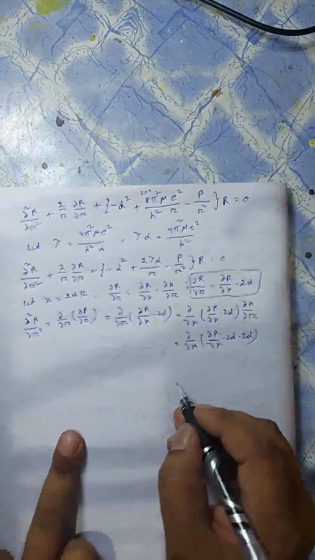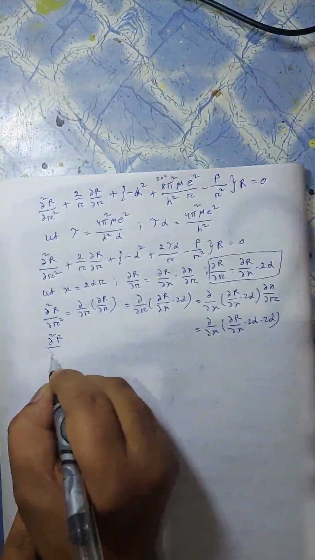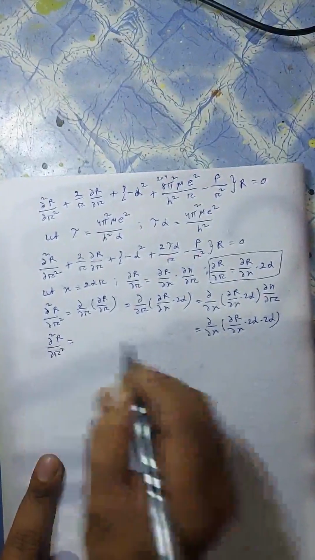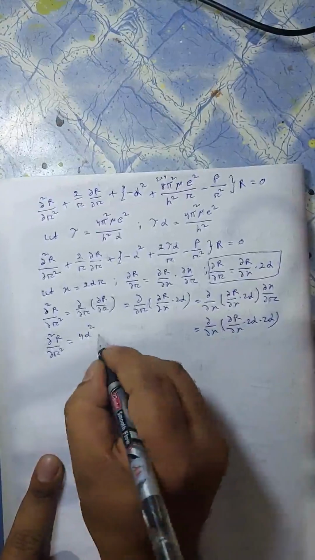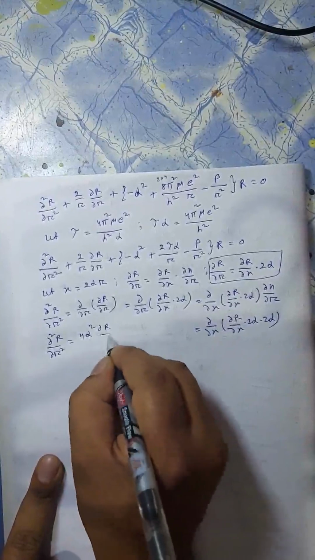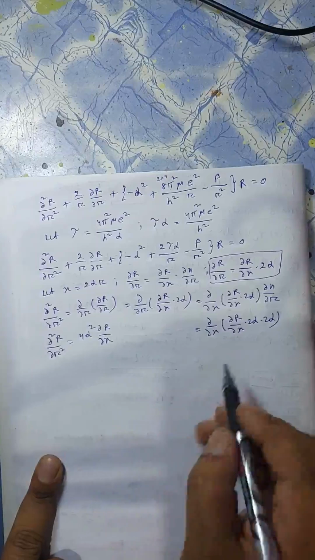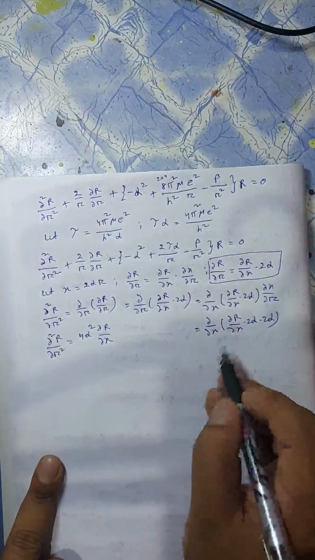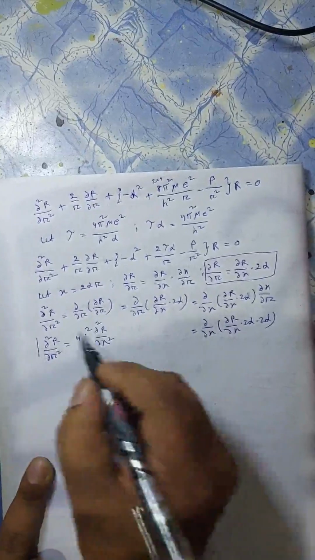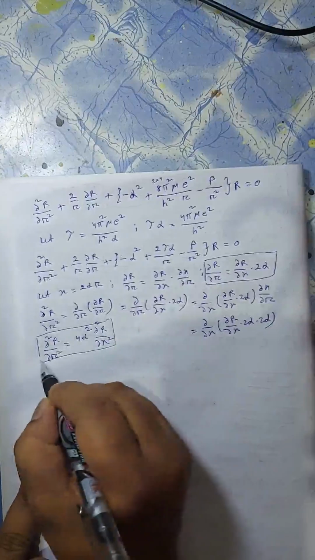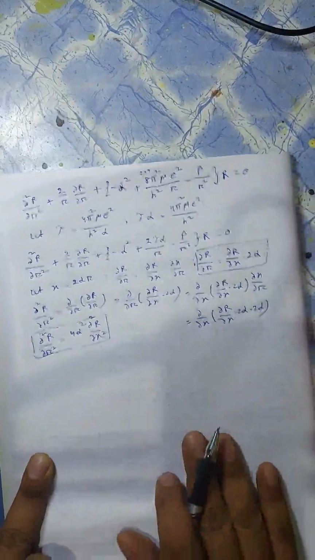Okay, now we get ∂²R/∂r². This is 2α times 2α, that is 4α² ∂²R/∂x². Then we substitute this value and this value in this equation.